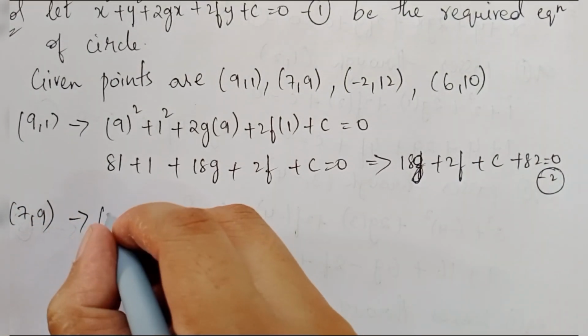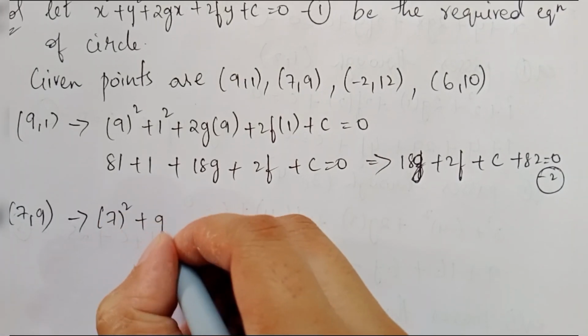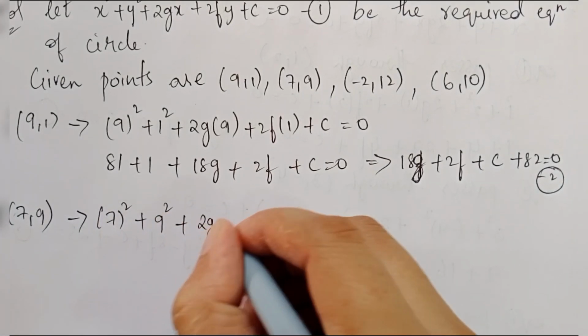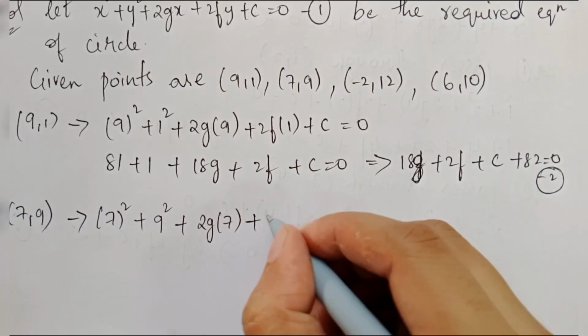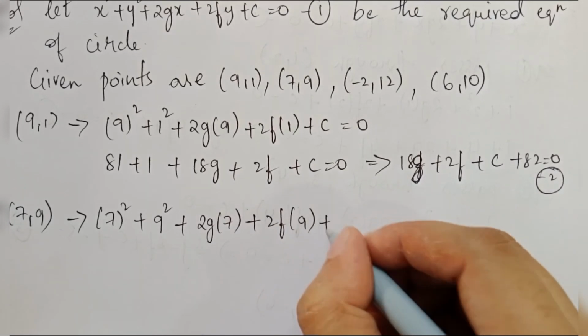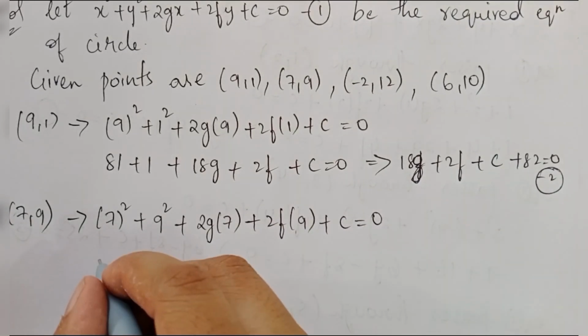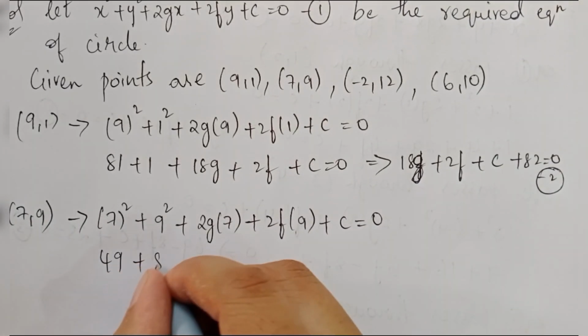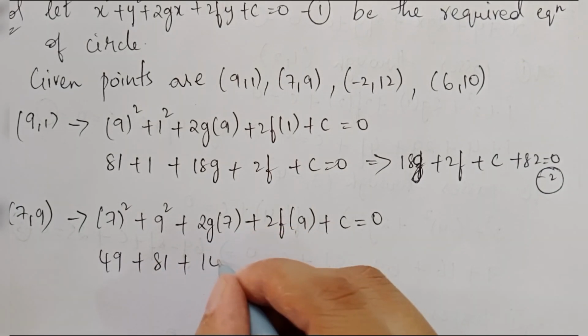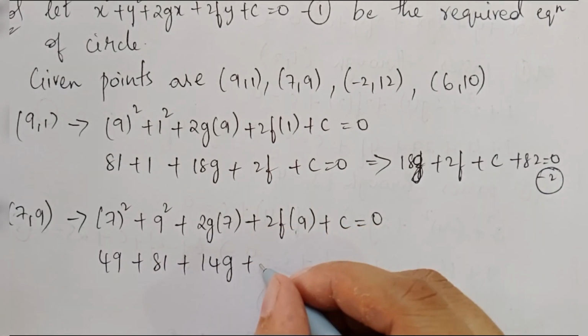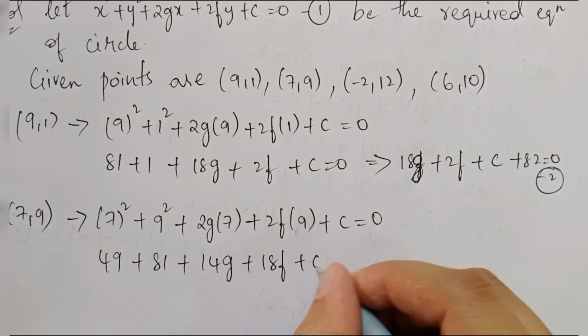So it is 7 square plus 9 square plus 2g into 7 plus 2f into 9 plus c equals 0. So it is 49 plus 81 plus 2 into 7 is 14g plus 2 into 9 is 18f plus c equals 0.